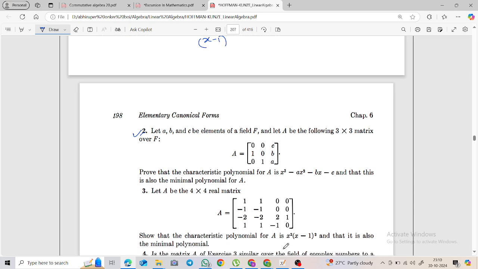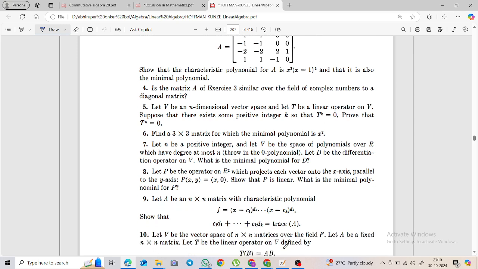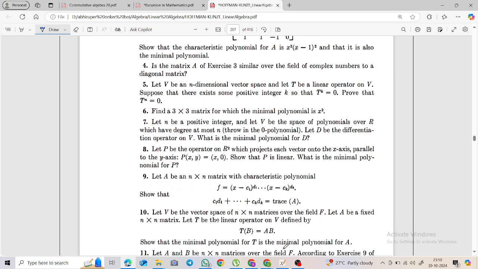Okay, try 2 at home. Try 2 and 3. These things you can do at home. These are computations. Is the matrix similar to the diagonal matrix?